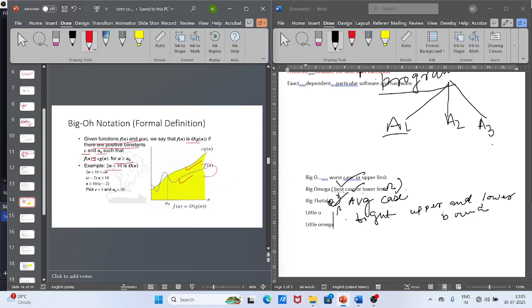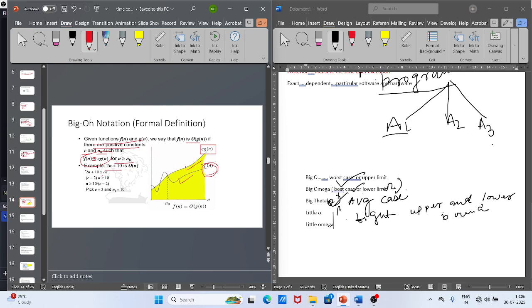This f(n) function is already given, and we have to calculate this g(n). Now in this formula, f(n) = 2n + 10 is less than or equal to c times n.